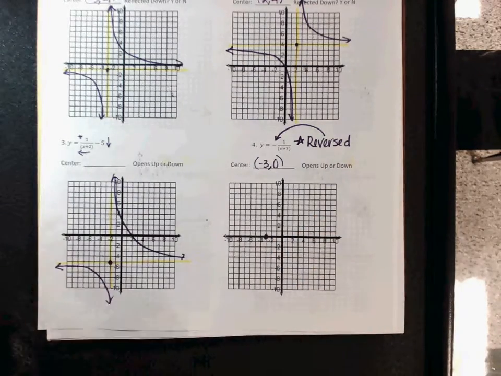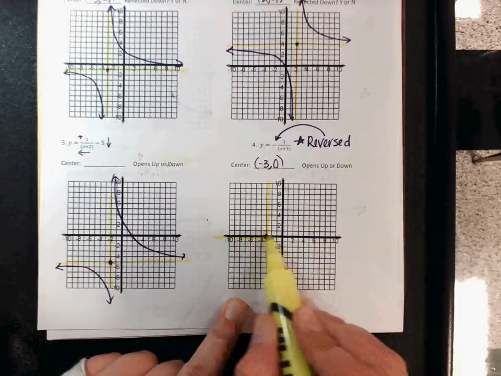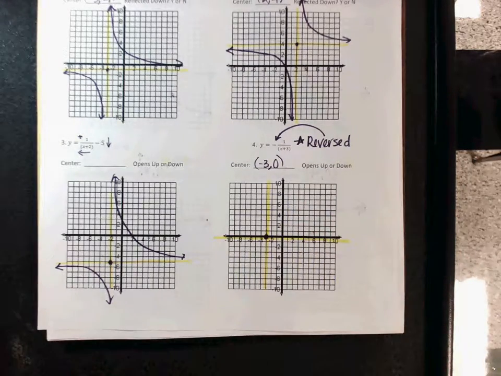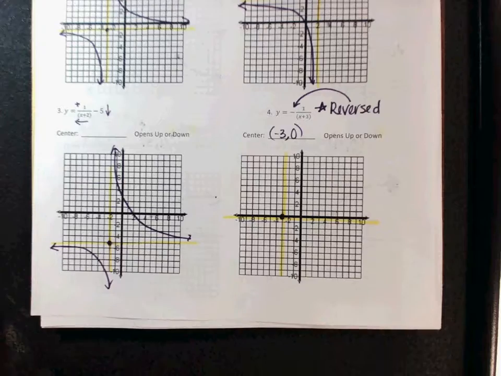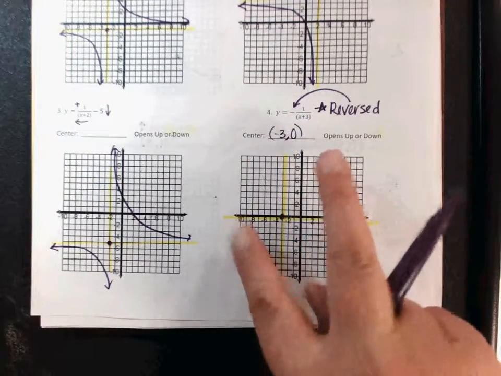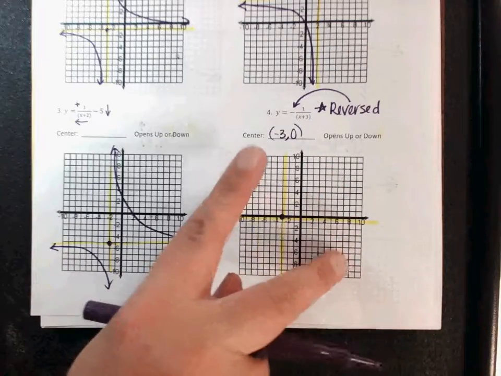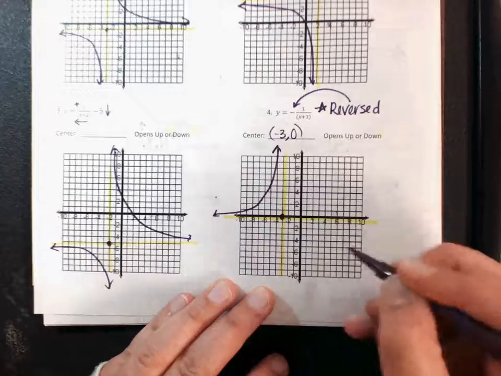Then I would draw in my little plus sign. And notice that my x-axis didn't change because I didn't go up or down at all. Then from there I would draw in, because it's a minus, I'm not in these two, I'm going to flip to be in these two. So I'm going to be here and here.